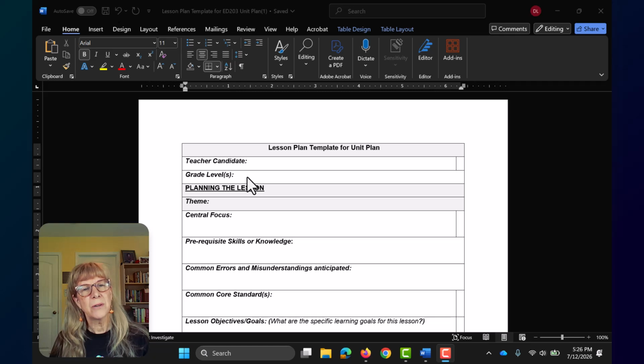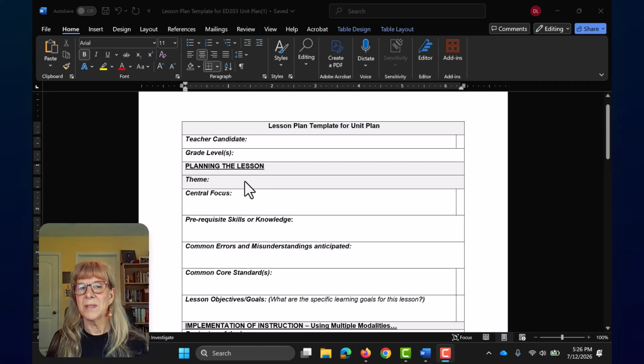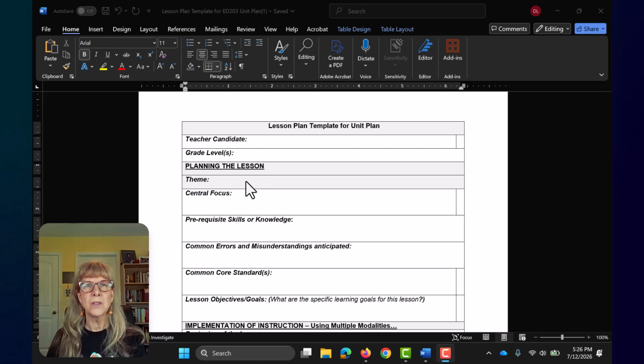The grade level is the grade level that you're designing the lesson for. The theme is not always going to be in a lesson plan template. That's specific to this course because after you learn how to develop and design lesson plans for one lesson, you're going to be asked to create a whole unit of lessons for a whole week and with a theme. And so we're going to use the same lesson plan template.